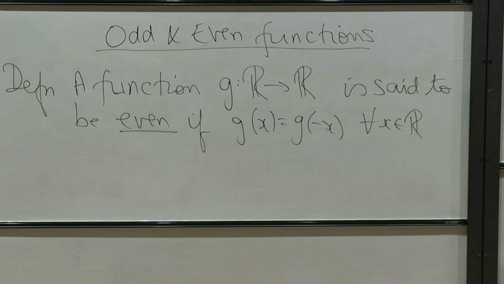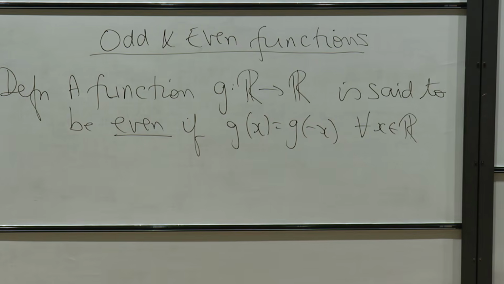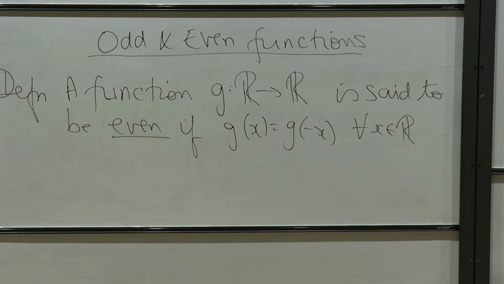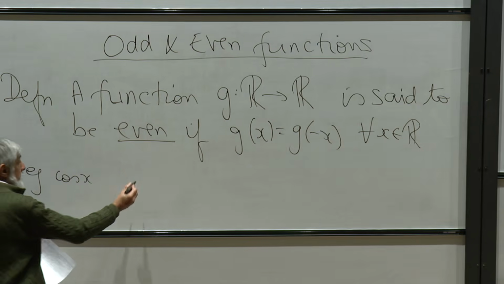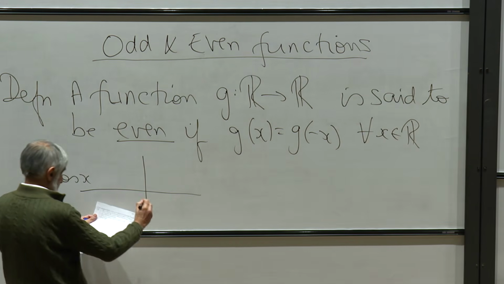So x squared, for example, would be even. X to the fourth would be even. And as we did last time, cos x is an example of something that's even.